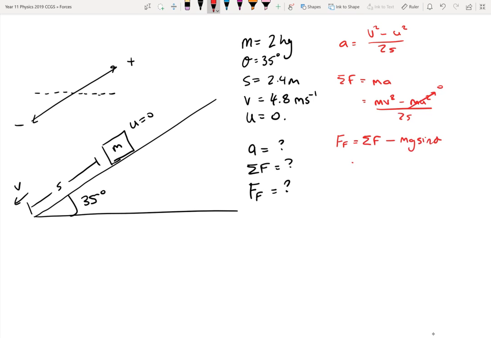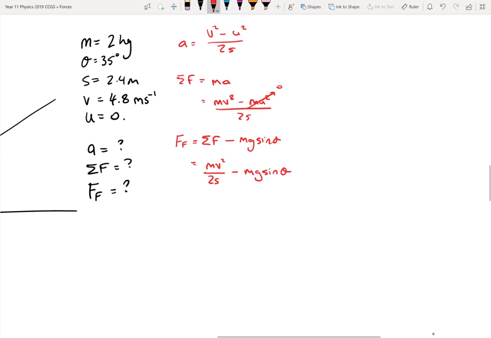I got 8.26. Acceleration comes from this. What was your acceleration? 4.8. Cool. 4.8 squared divided by 4.8 equals... Just think about it for a second.